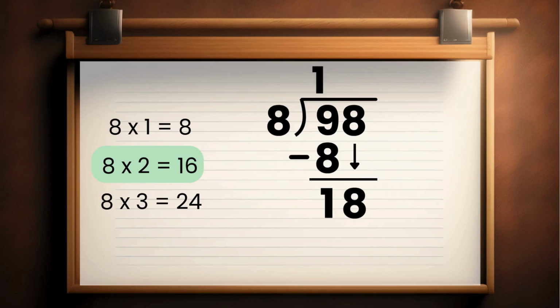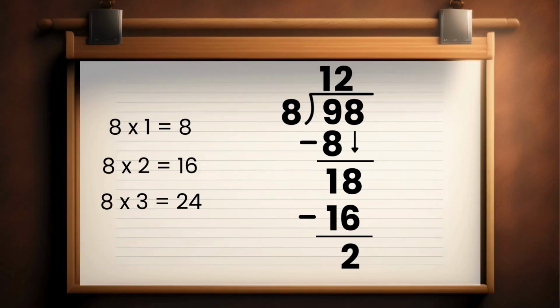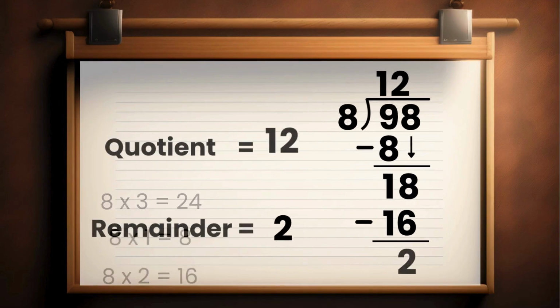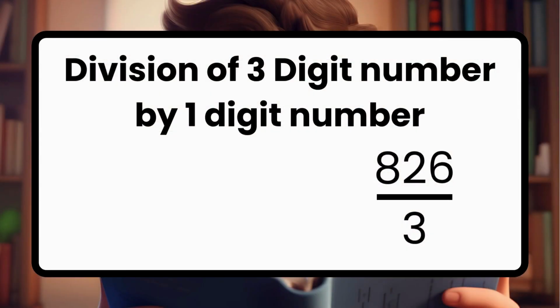So use 2. Then subtract. We get 2. Since 2 is smaller than our divisor and we do not have an extra digit to bring down, 2 is left as remainder. Our quotient becomes 12.